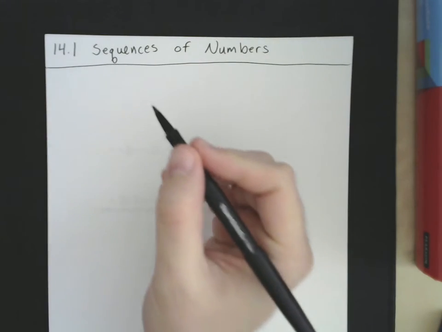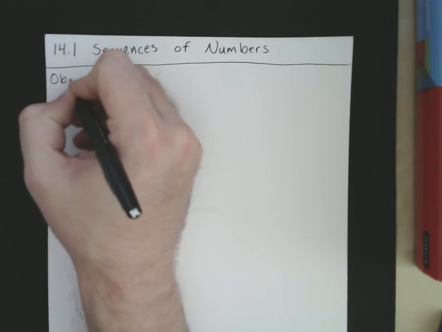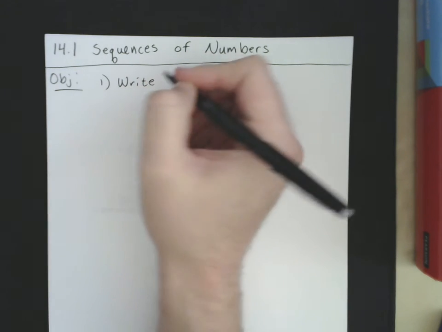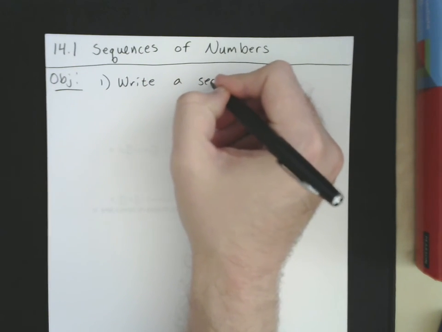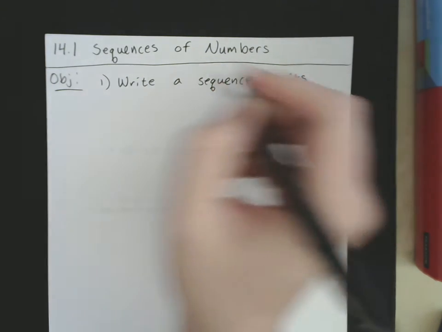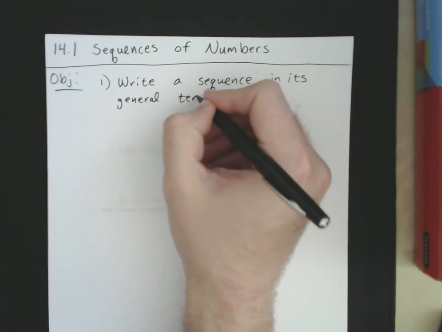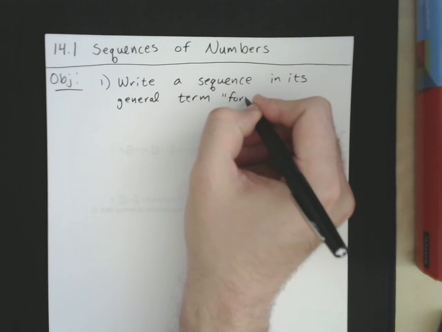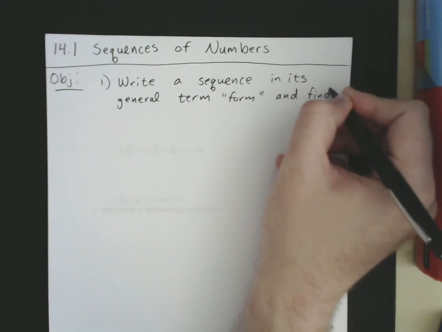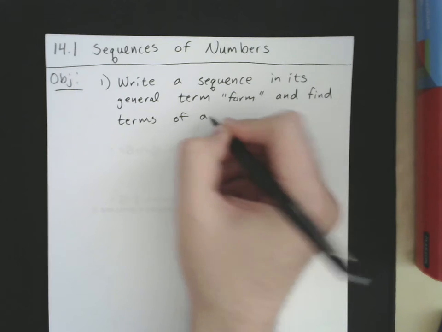So there are two things in this section. This is about sequences of numbers, and there are two things to talk about. The first is we need to be able to write a sequence in its general term, what I call form, and find terms of a sequence.